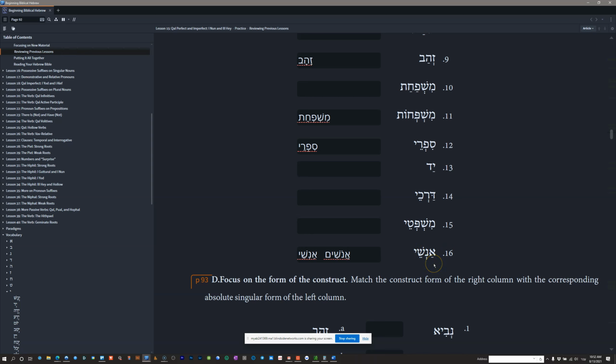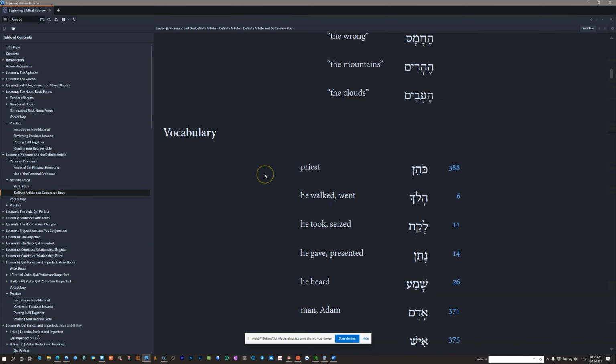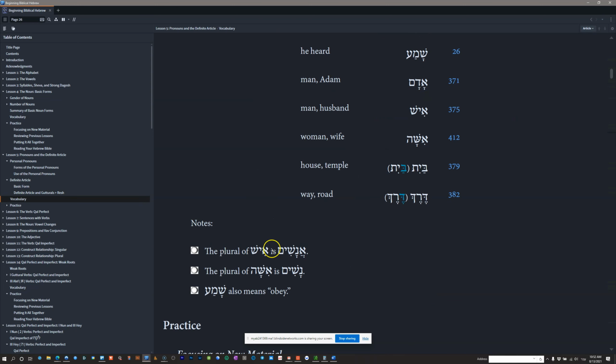Onshei comes from enosh, or anashim, and anashim hirik yod mem, I think actually is, yeah, anashim, I think this would be like a hataf patach, and then a kametz here. Let's take a look at that though, because I know it's in one of the notes sections afterwards.